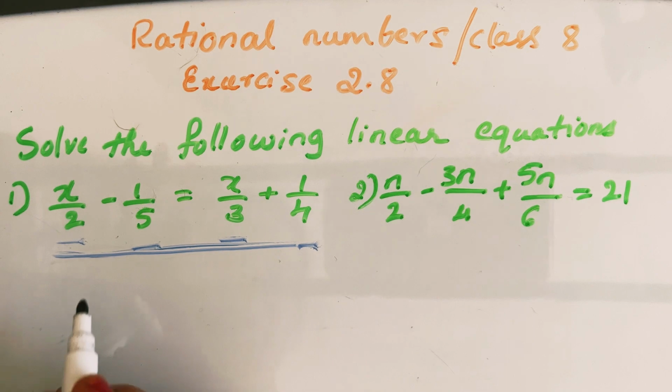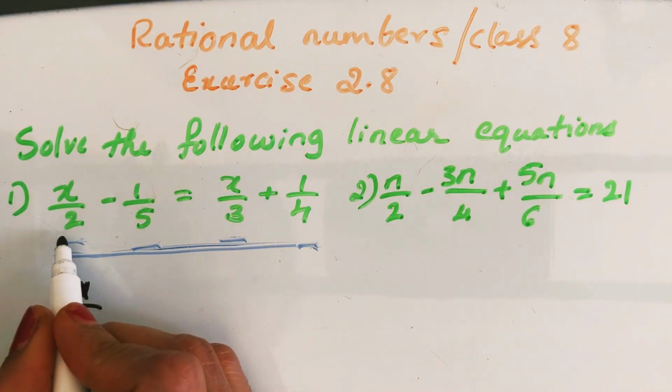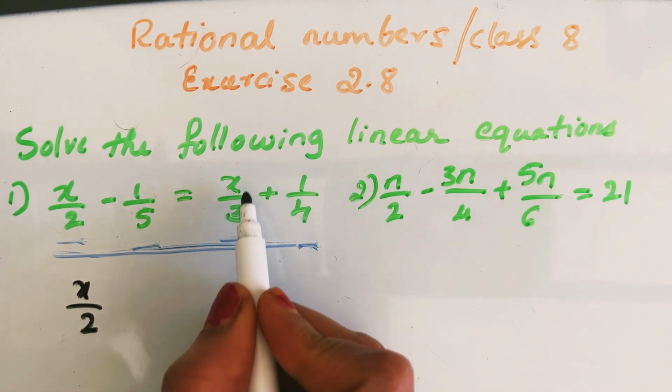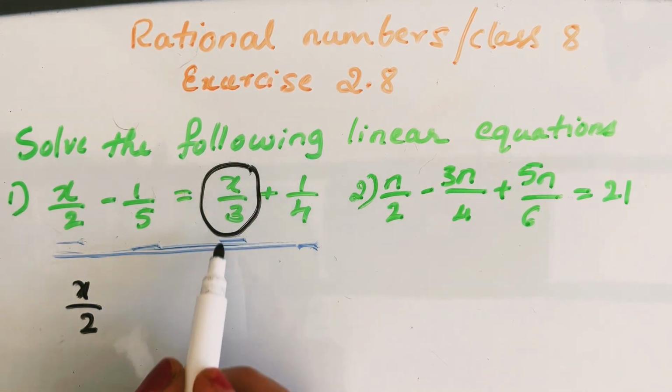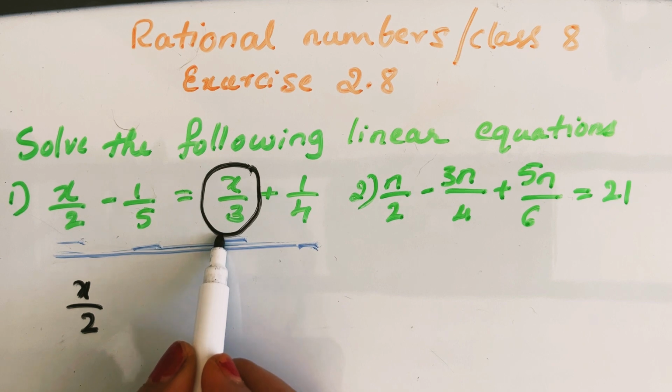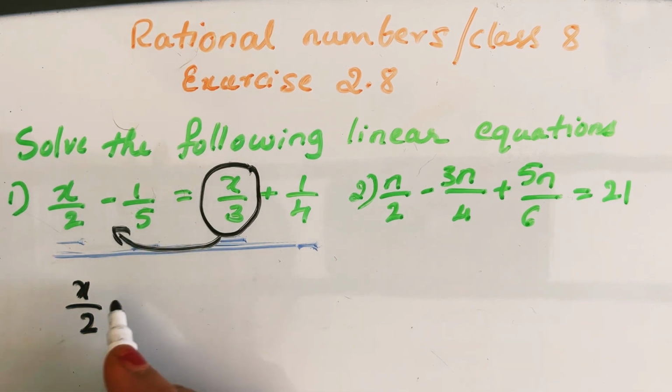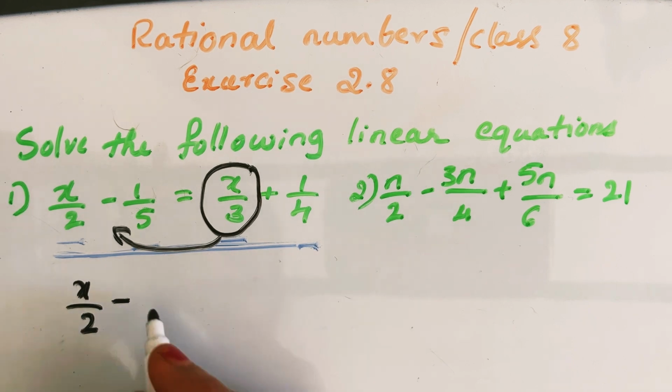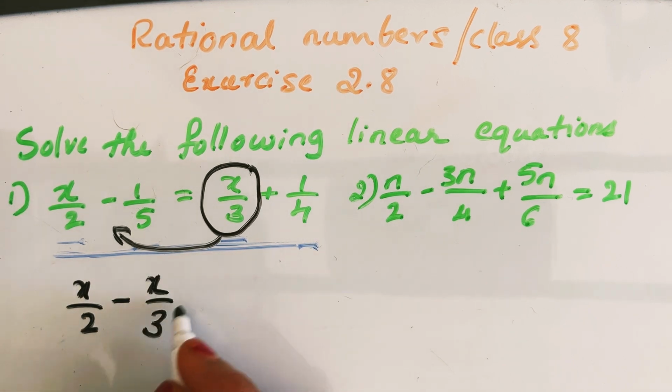What are those terms? This x over 2 and this x over 3. This is positive x over 3. If I bring it to the other side, it will become negative x over 3. That is x over 2 minus x over 3.